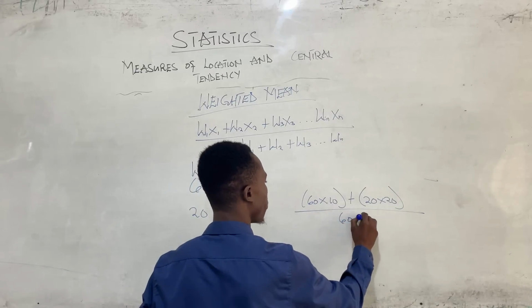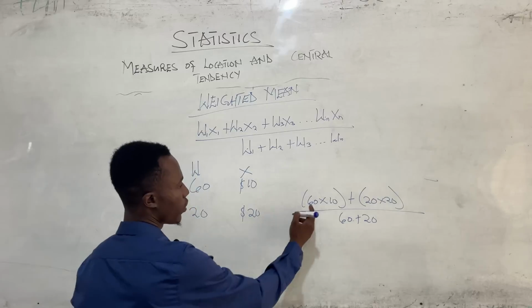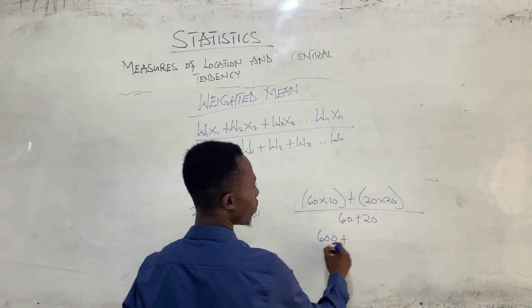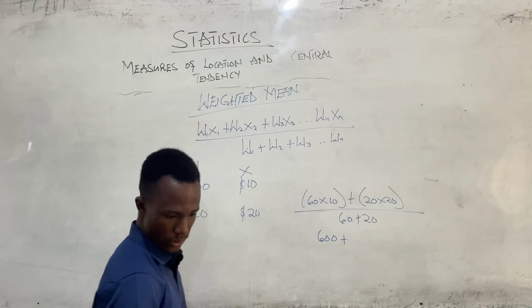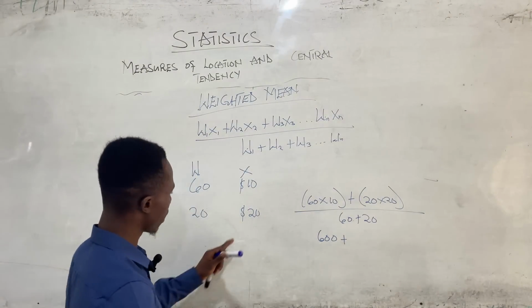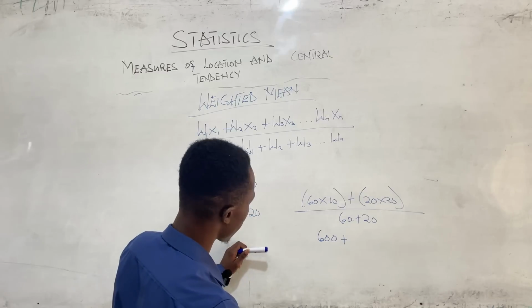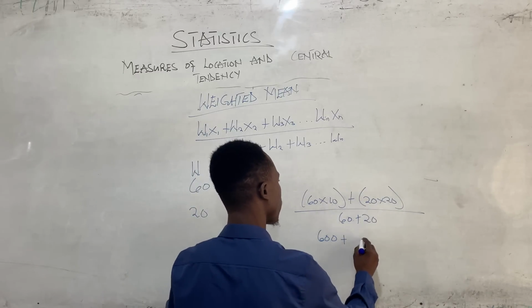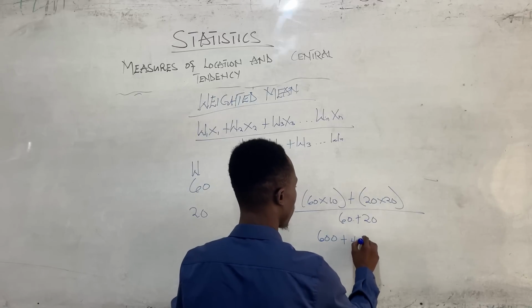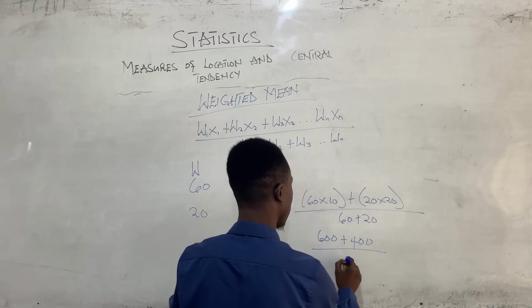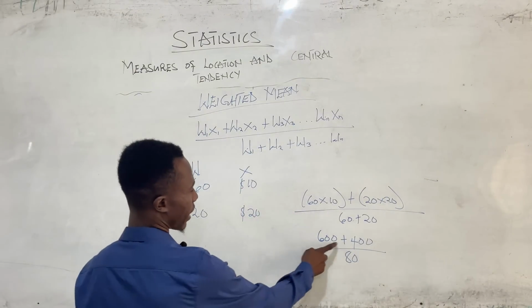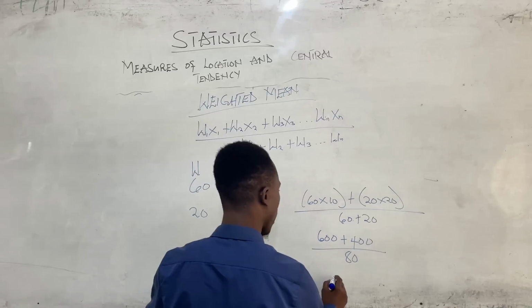So 60 times 10 will give you 600, plus this will give you 400. So 600 plus 400 will give you 1000, divided by 80.